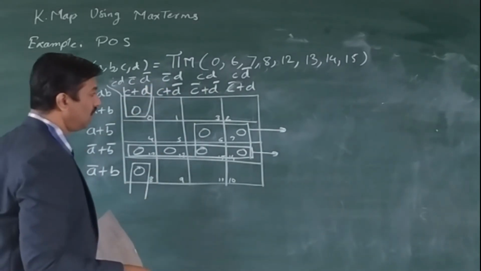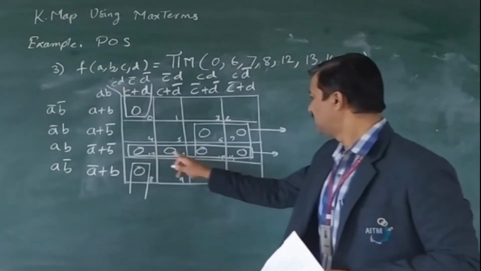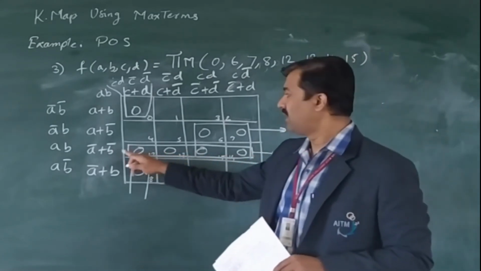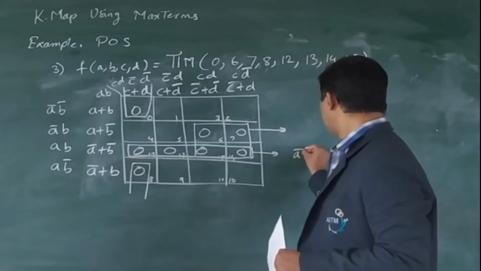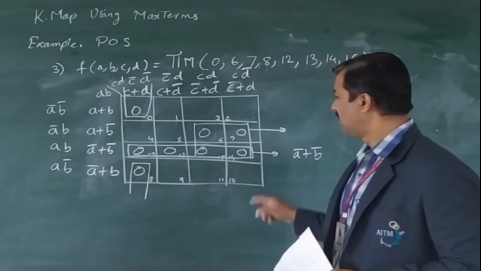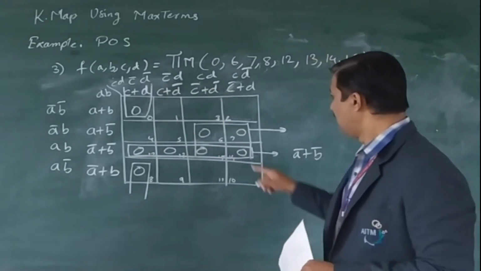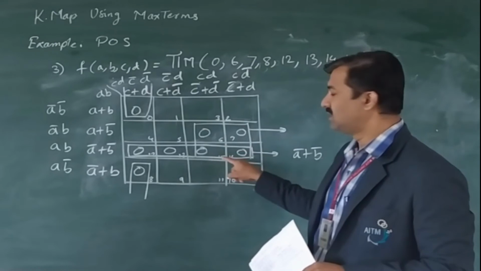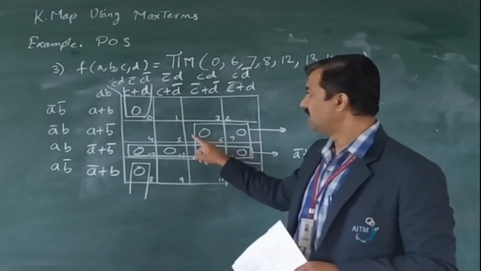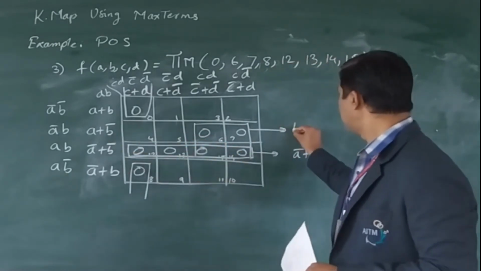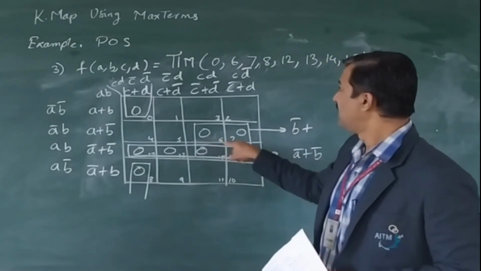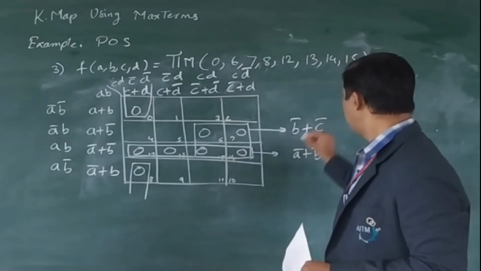Okay, so what happens here? Now see, for this grouping of two cells, we have A bar plus B bar, because all the other terms are changing. For these 4 cells grouping, what is it that we find? B bar is the constant term, B bar plus, here you can find C bar.